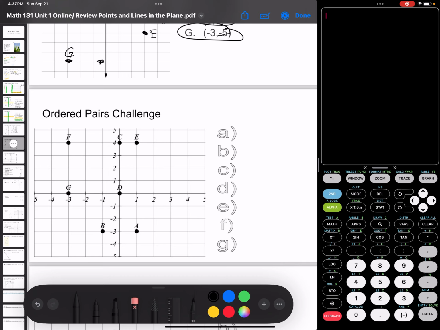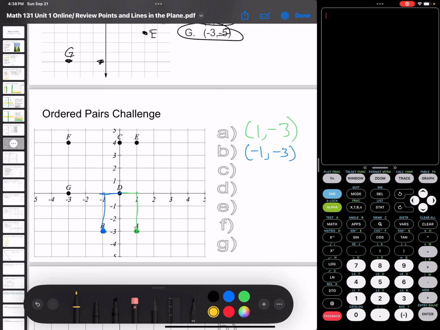So for A, that's this one here. So you have to think, if I start at the origin, I would go to the right 1 and down 3. So that would be 1, negative 3. For B, I would start at the origin and I would go left 1 and down 3. So that would be negative 1, negative 3.